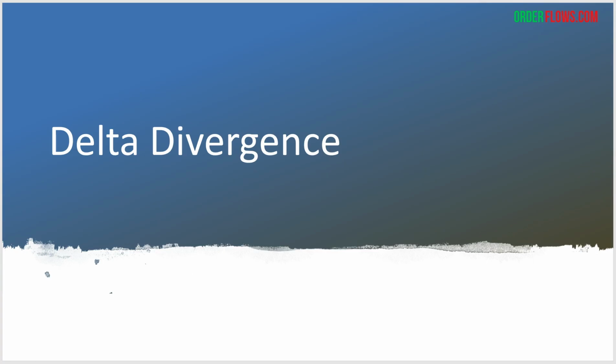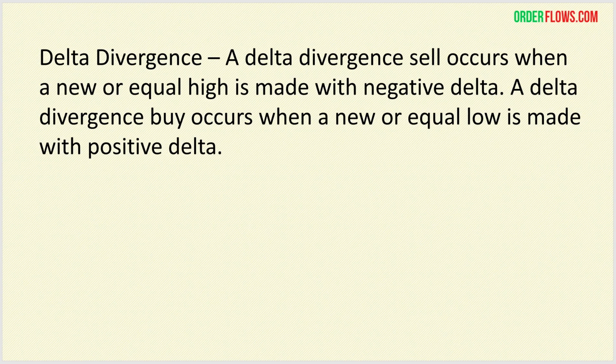So delta divergence, this is the second one I want to talk about. A lot of order flow software has a delta divergence component built into it. And what delta divergence is, in the purest sense, is a sell that occurs when a new or equal high is made with negative delta. Because when you make a new high, you expect to have positive delta.